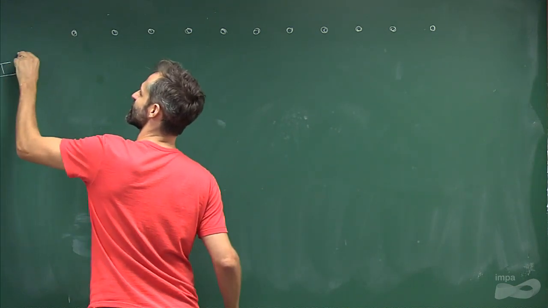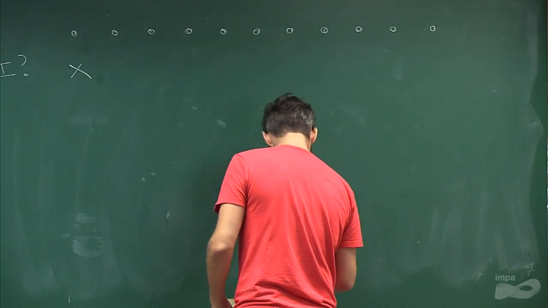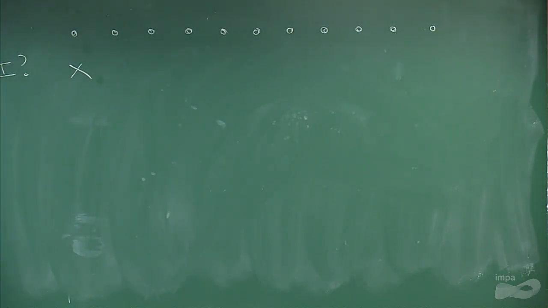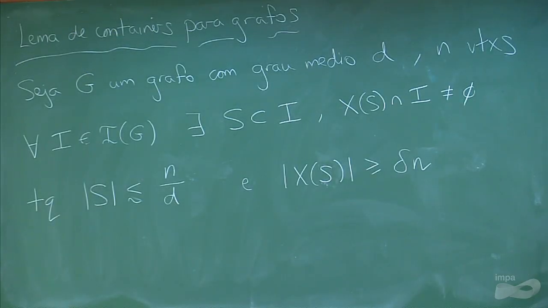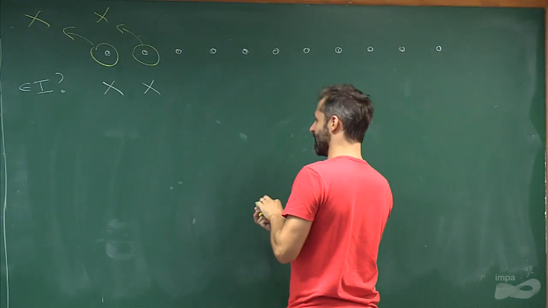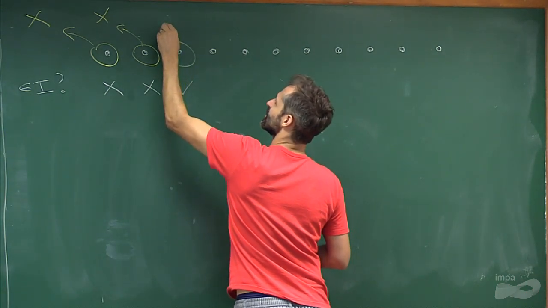He says no. Great, thank you very much, I'm going to put you in X. The second guy also says no, so he also goes in X. But the third guy says yes, I'm in. So we put him in S.